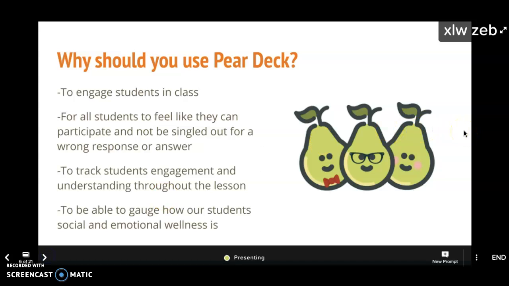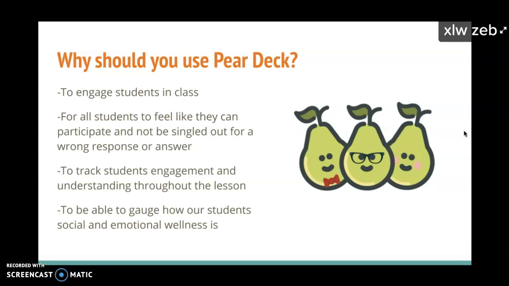Why you should use Pear Deck. You can use Pear Deck to engage students in your class, for all students to feel like they can participate and not be singled out for a wrong answer. I have plenty of students who are quite shy in school and are often afraid to get the answer wrong. But Pear Deck is mostly anonymous: we, the teacher, can see who's writing it, but they cannot. We're able to provide feedback to students or shout out students who normally wouldn't offer an answer.